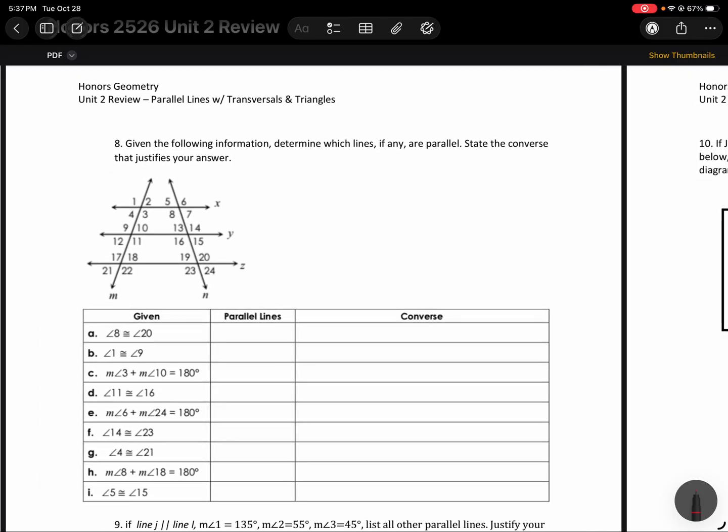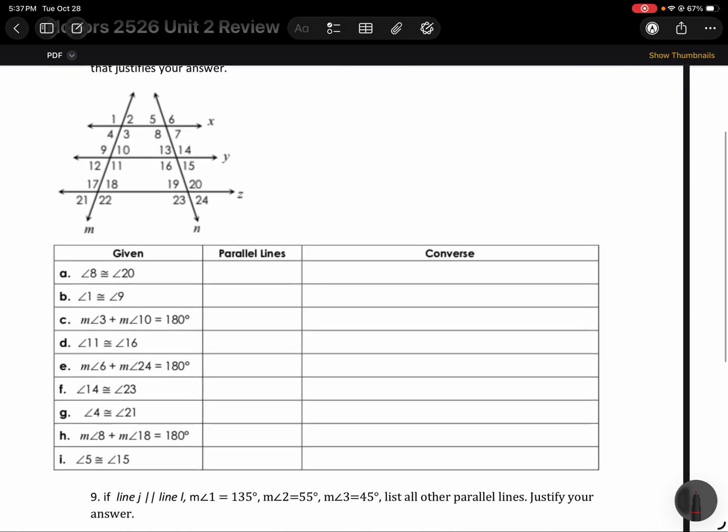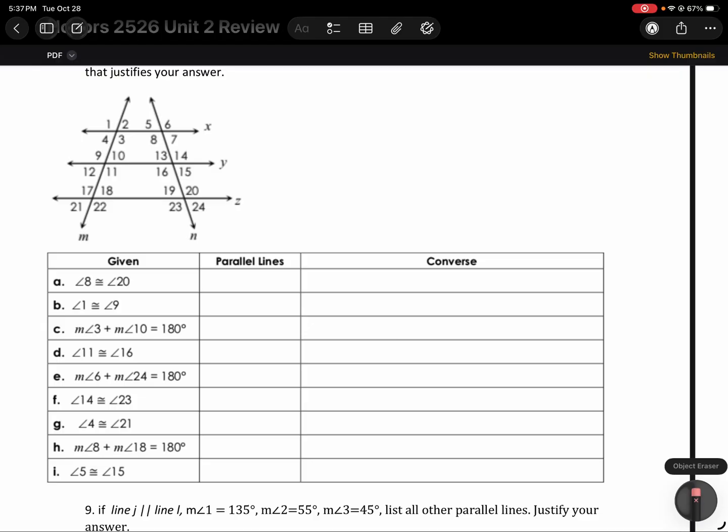All right, this next page is a lot. We're just going to start from the start. So given that angle 8 is equal to angle 20, so 8 and 20, if these are the same, then what lines are parallel? Angle 8 covers these lines, angle 20 covers these lines.